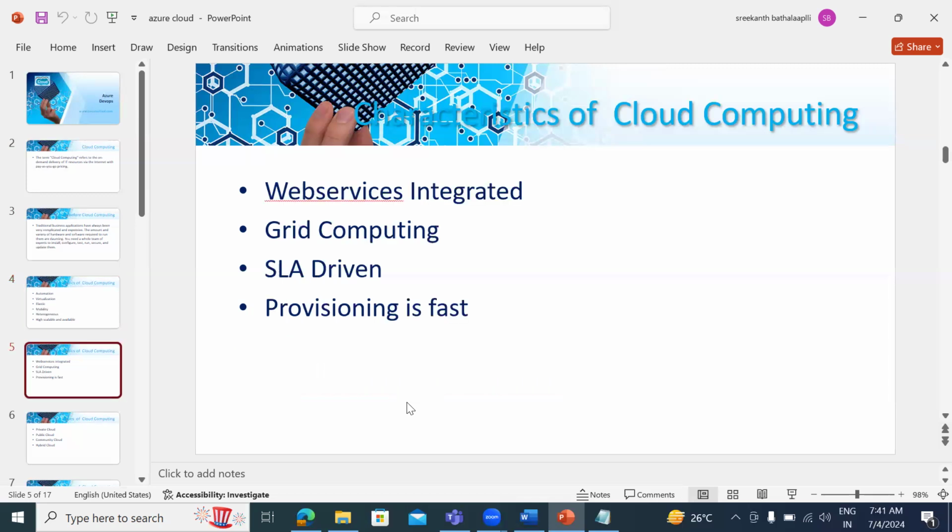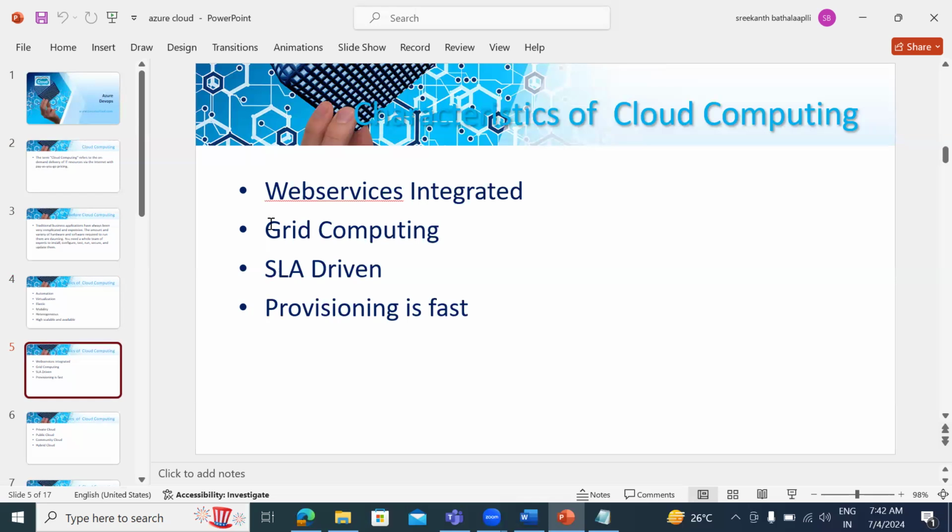cloud. And everything is integrated with the APIs or SDKs. Developers can easily use them, and our applications can also be easily integrated with the cloud. And we have grid computing. The concept of grid computing is like when one power grid fails, automatically another grid will provide the electricity.